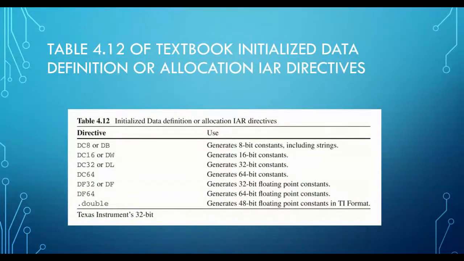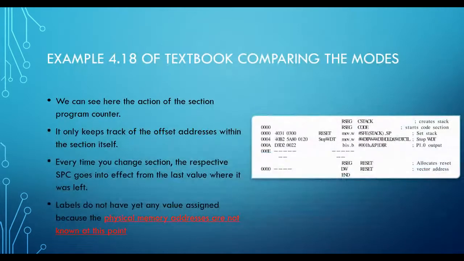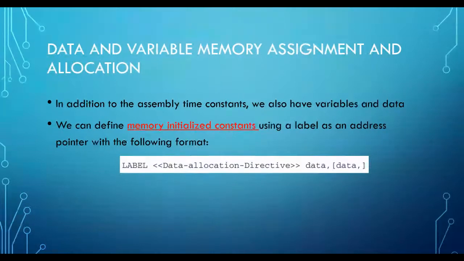So you have to use the definition, whether it's a double word, double long, or double byte or whatsoever. Have a look at this. If you want to assign the reset address, you define it as a double word, because it could be, for example, 0xFFFE or something like that.